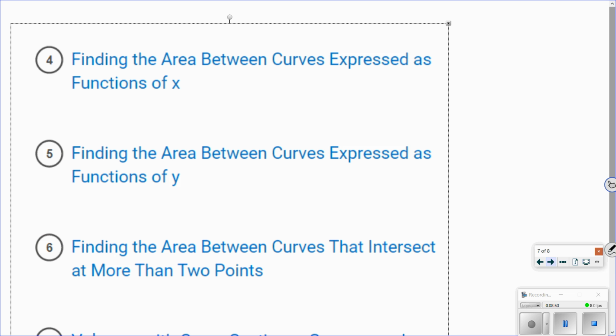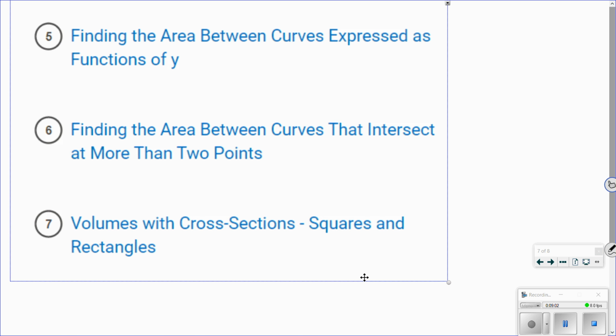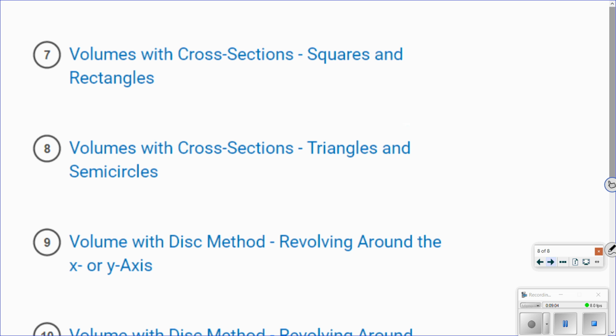We will not be finding the area between curves in terms of x, or number 5 says in terms of y. We're finding the area between curves that intersect at 2 or more points, volumes of cross-sections, squares, rectangles, triangles, and semicircles. So all those volumes of cross-sections are all out.